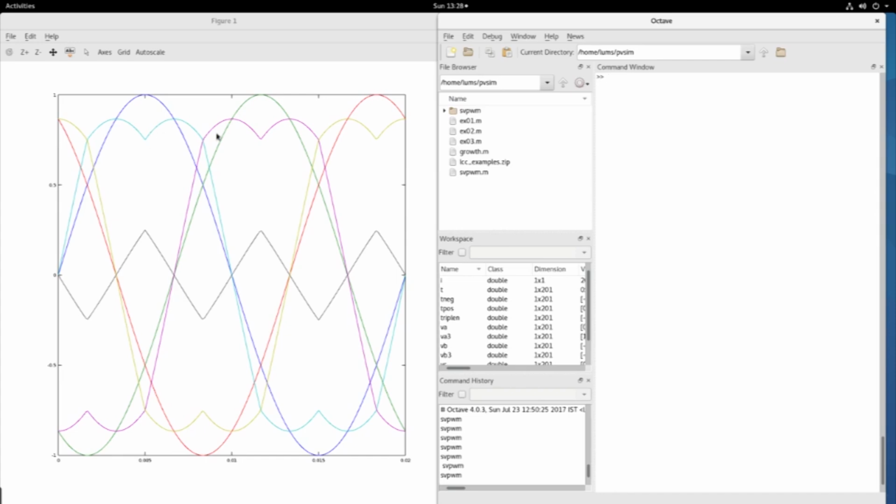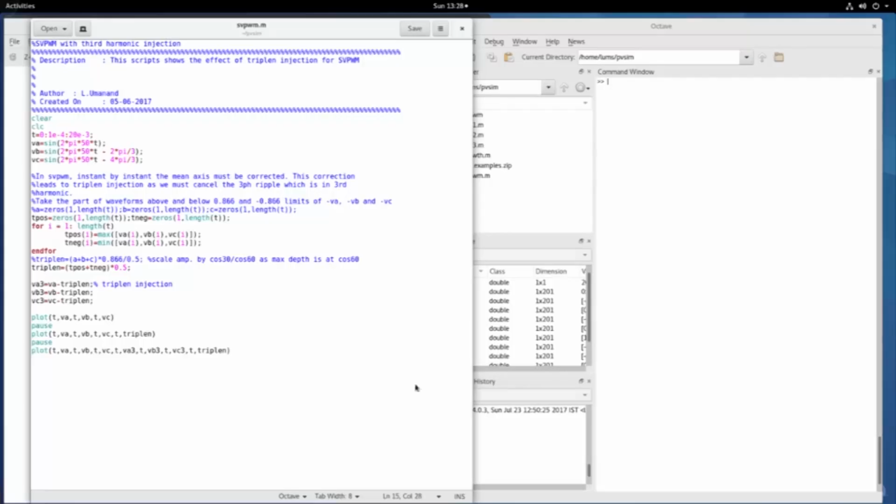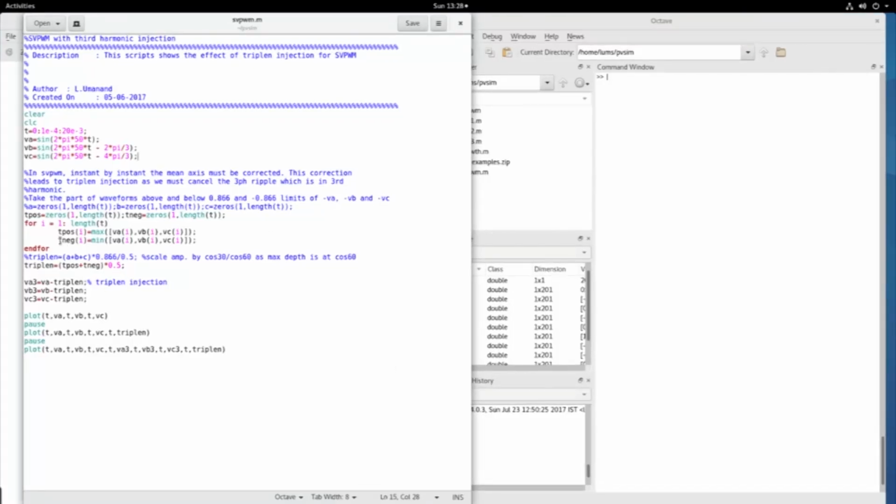Now one can inject this triplen in this fashion as I have done. I have calculated the positive envelope by taking the max of VA, VB, VC at any instant, and the bottom envelope, T negative, I have calculated by taking the minimum of the VA, VB, VC vector.